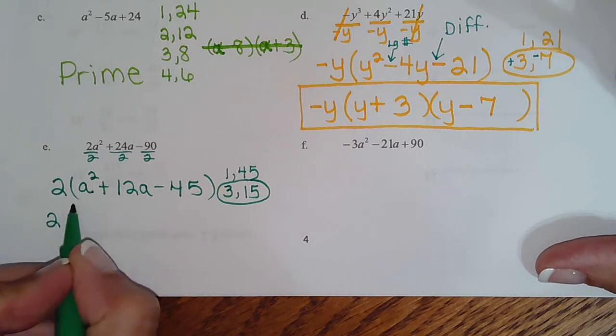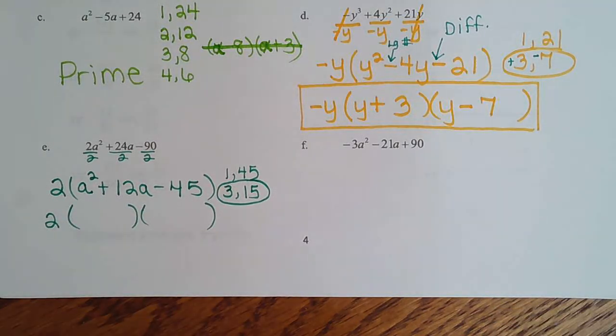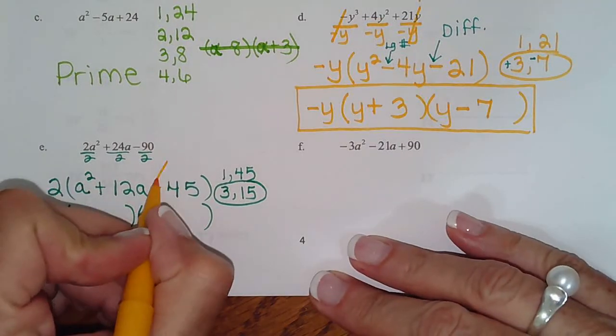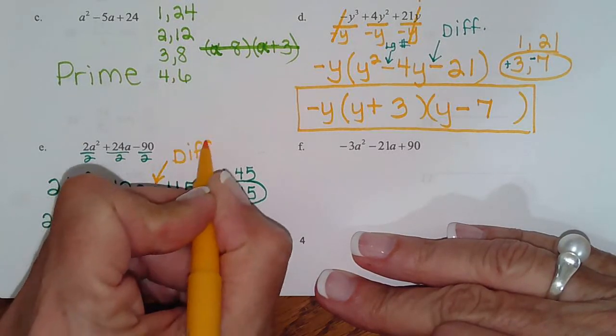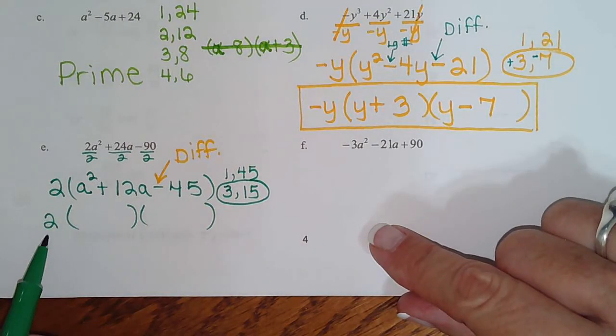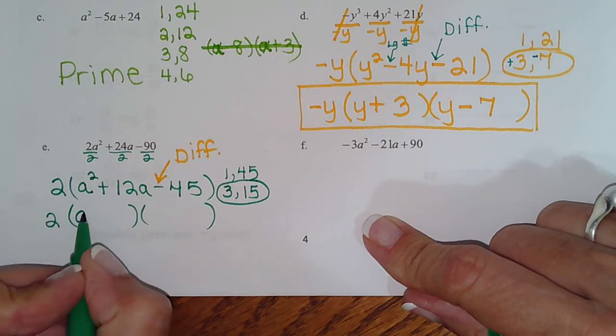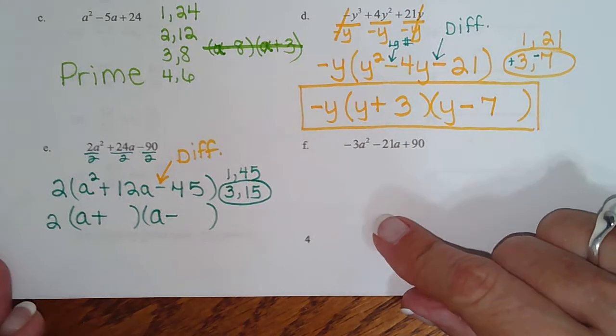So I need to set up my 2 parentheses. And then I need to obey my rules from before. This says the signs will be different. The only way to get negative 45 is by multiplying a positive times a negative. So in my parentheses, notice I brought my 2 down so I don't forget, I do 1 positive and 1 negative.